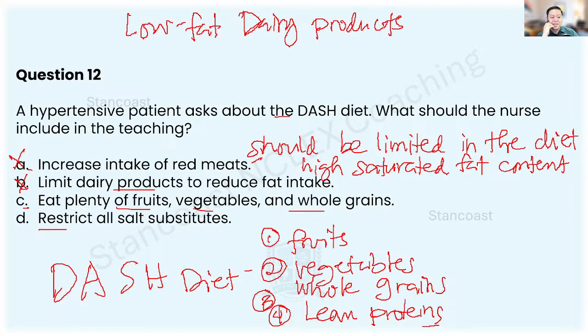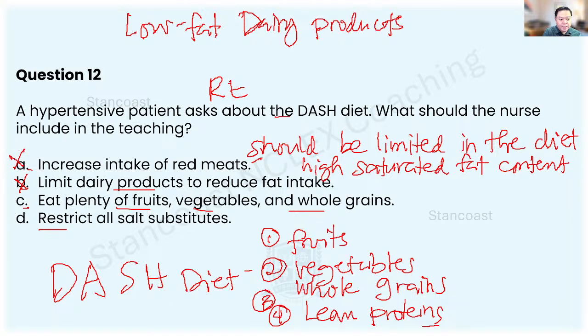Because like I've said earlier, it's going to elevate the potassium level. Remember about the salt substitutes or alternatives? So the end goal basically with the DASH diet is to, again, reduce the blood pressure, okay? By what?